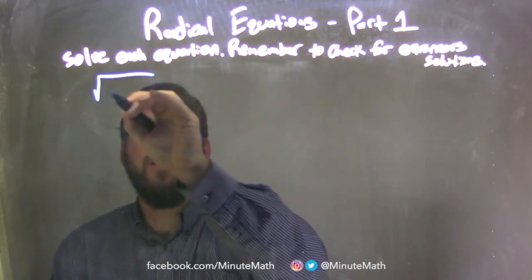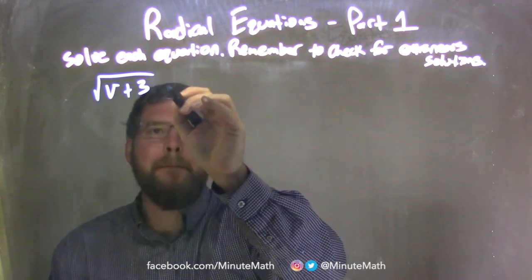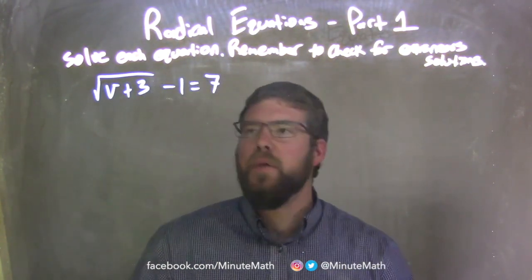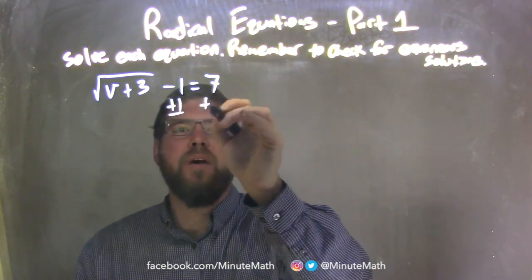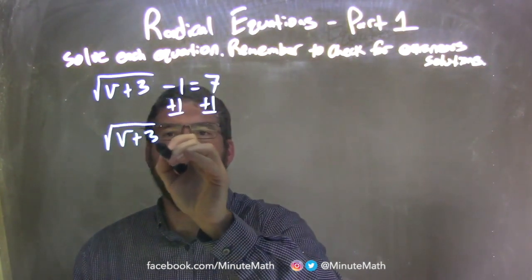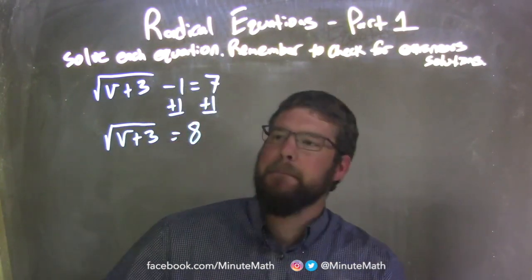The square root of b plus 3 minus 1 equals 7. Well, my first step is I want to bring the 1 to the right. I'm going to add 1 to both sides. That leaves me with the square root of b plus 3 on the left, equals 7 plus 1, which is 8. Okay.